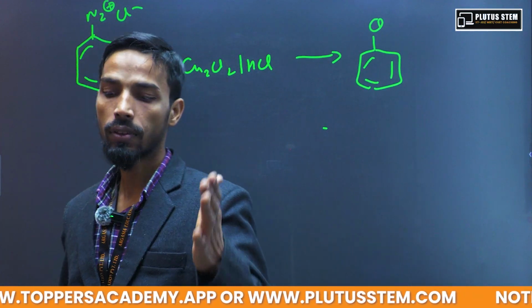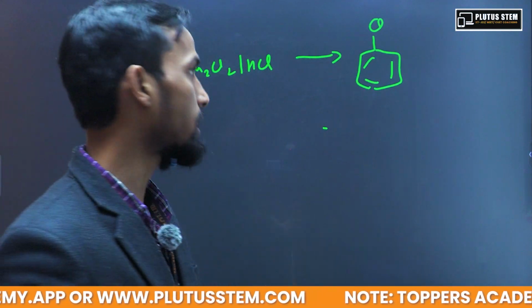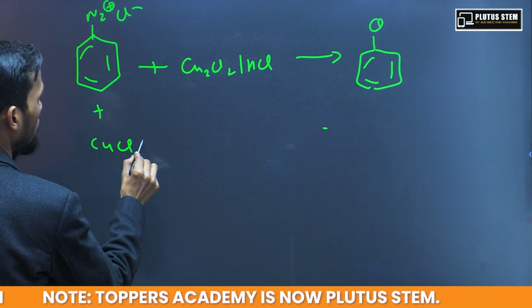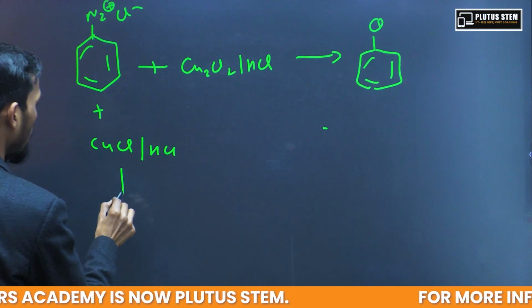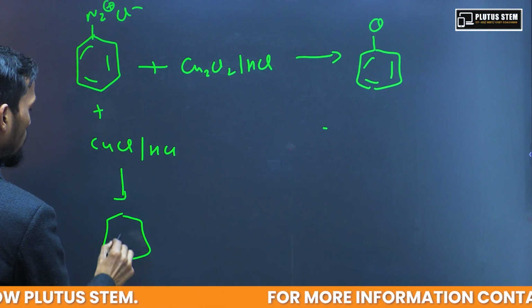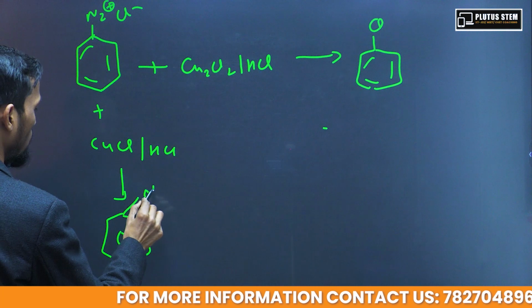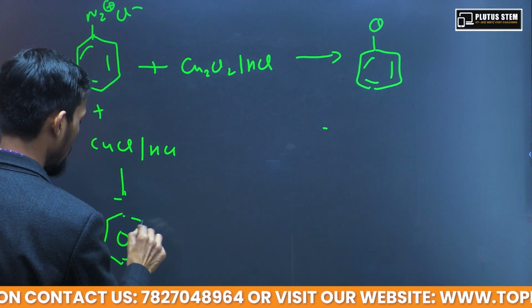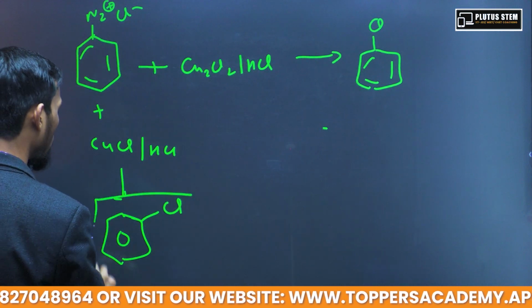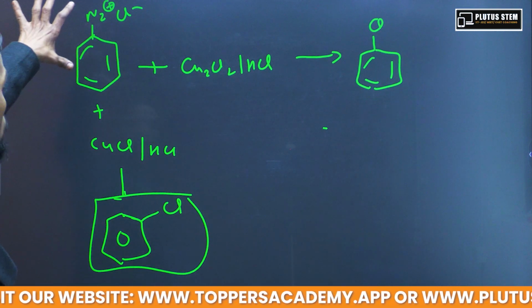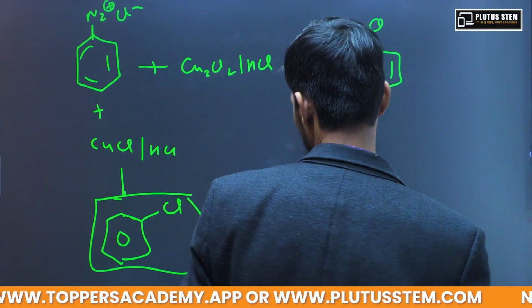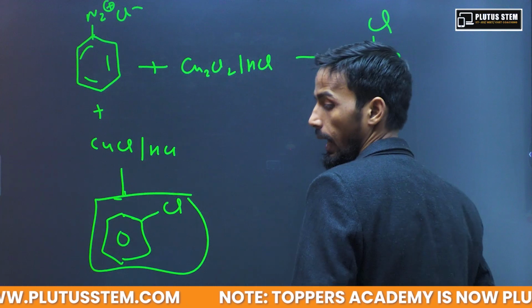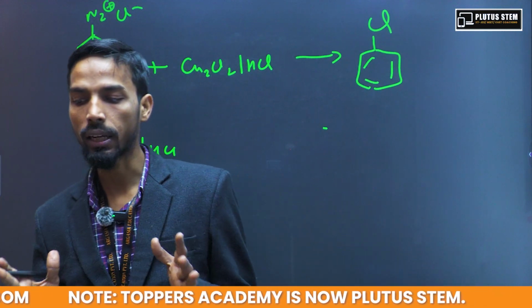Or another way, if we react with CuCl and HCl, then also we will get the same product, aryl halide. So this is the way how we can prepare it.